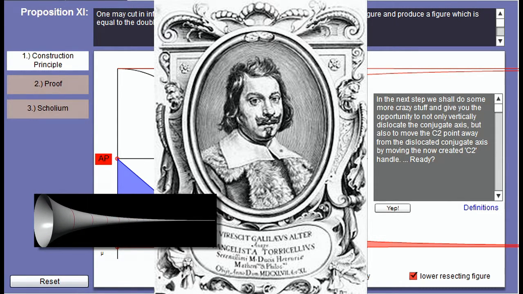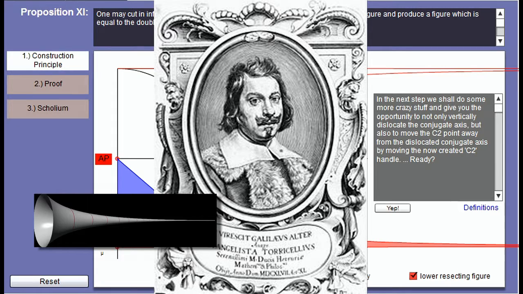Imagine you draw out the hyperbola and you start from x equal 1, and then you rotate this hyperbola around the x-axis. You get a type of trumpet shape, and because of this shape, this rotational figure was also termed Torricelli's trumpet or Gabriel's horn.